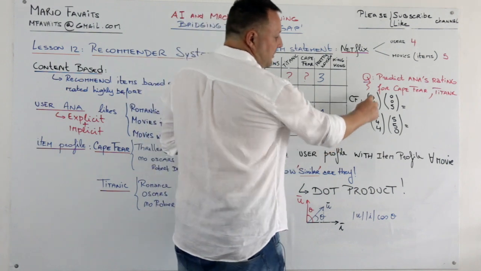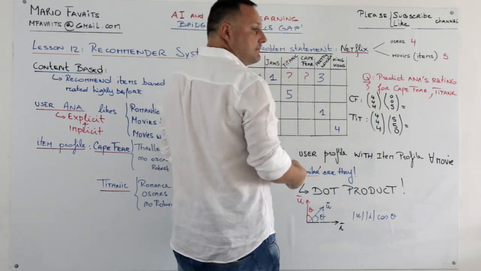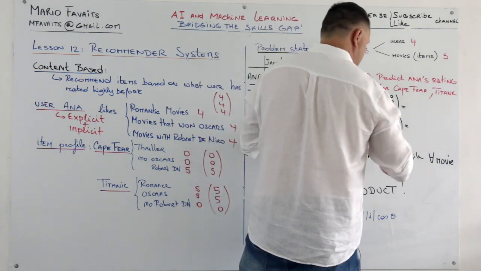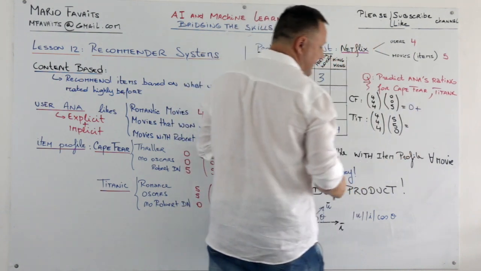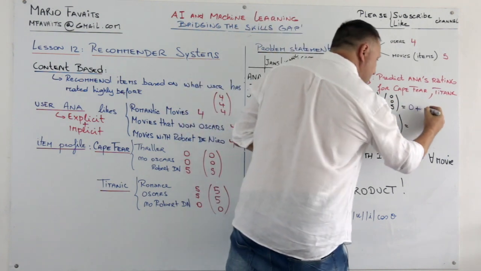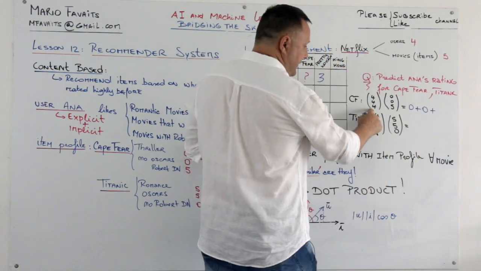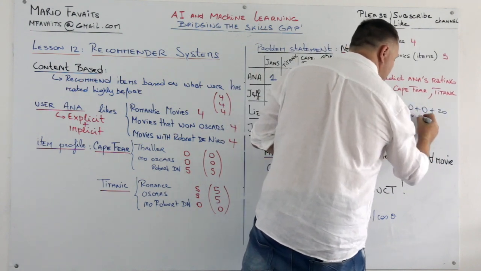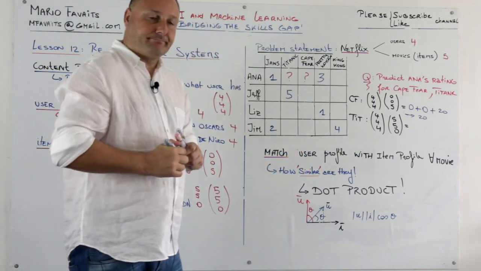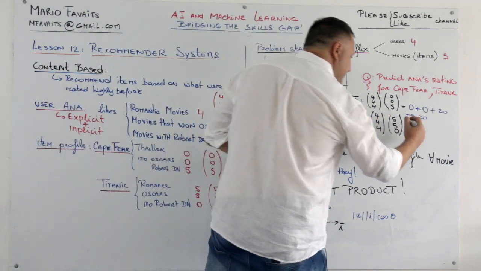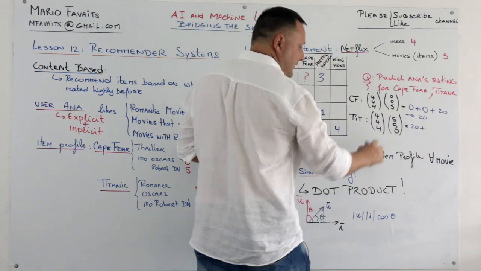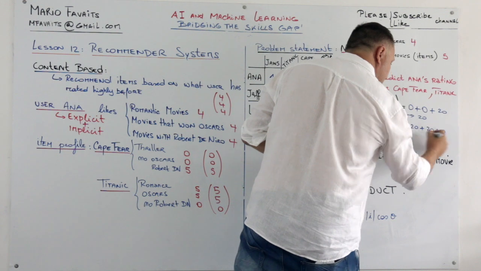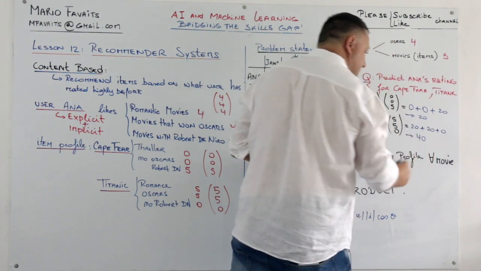Well, you multiply the elements and you add them up. So in this case, 4 times 0 is 0, and I add again 4 times 0 is 0, and I add now 4 times 5 is 20. So here your outcome will be 20. The same here, 4 times 5 is 20, plus 4 times 5 is 20, plus 4 times 0 is 0. So here your score is 40.